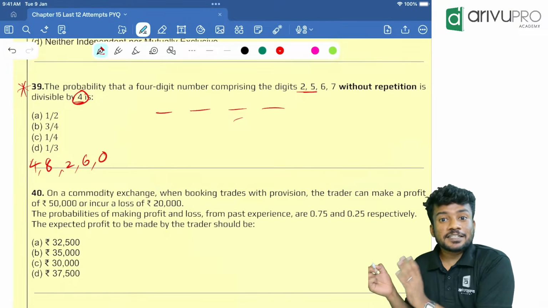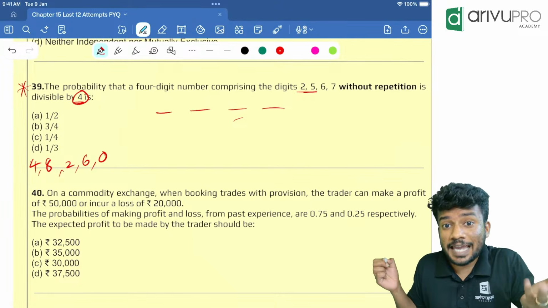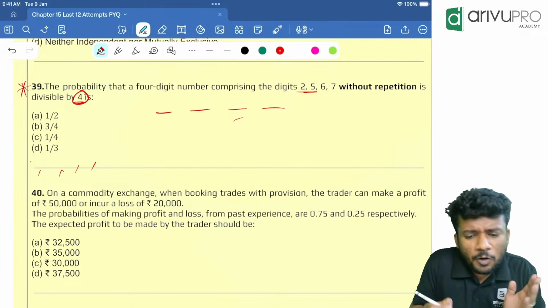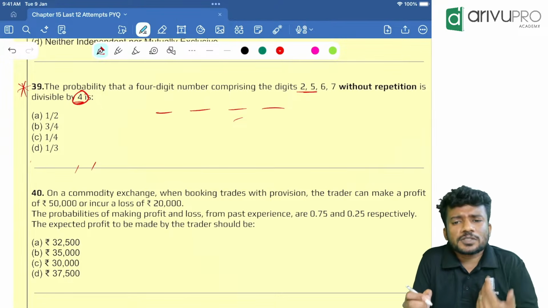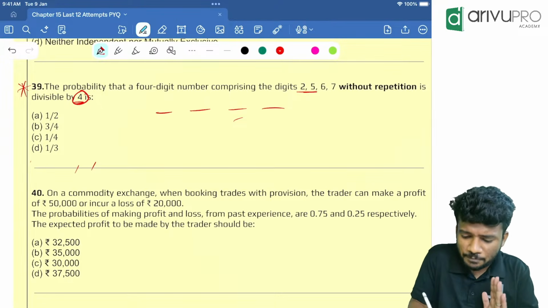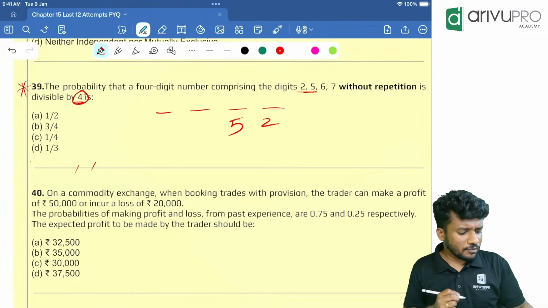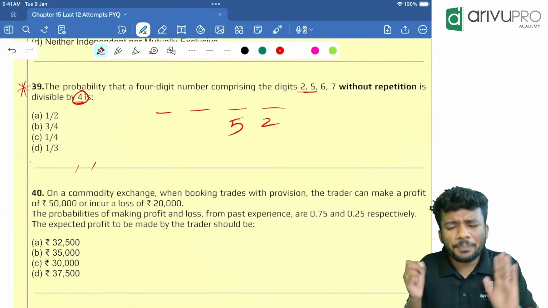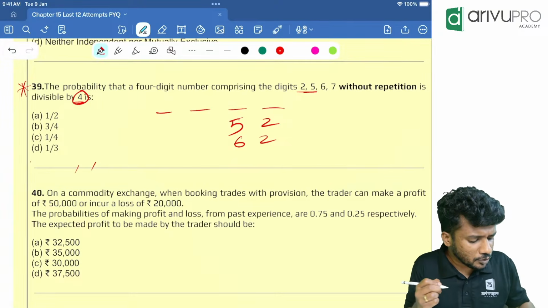When the ones digit is 4, 8, 2, 6, 0, the number can be divisible by 4. Now, if you come over here, what last 2 numbers are possible to be divisible by 4 is the question. If you take 52, 52 divided by 4 is properly divisible. Then if we take 62, take 62 divided by 4.